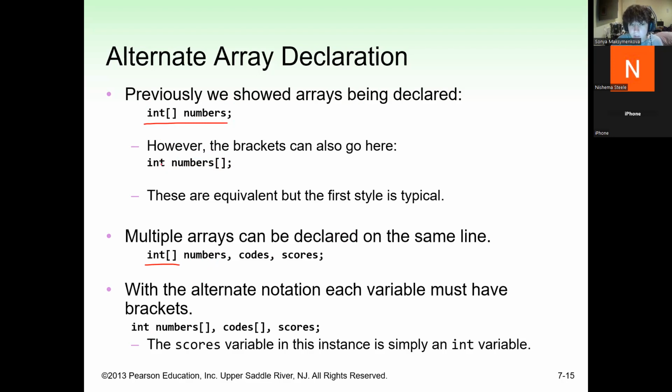However, if you use the alternate notation, you have to specify the brackets after each of the variables. So in this case, if you're declaring all of these on the same line, your numbers will be an integer array, your codes will be an integer array, but scores is just going to be an integer variable because there are no brackets after scores. So just be aware of that.